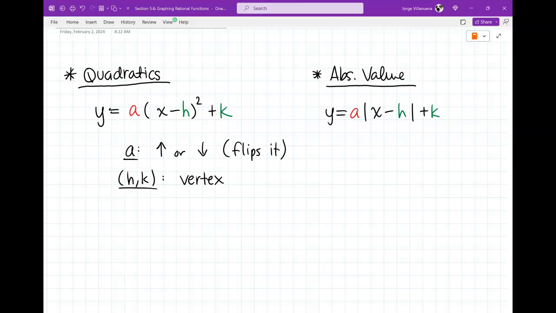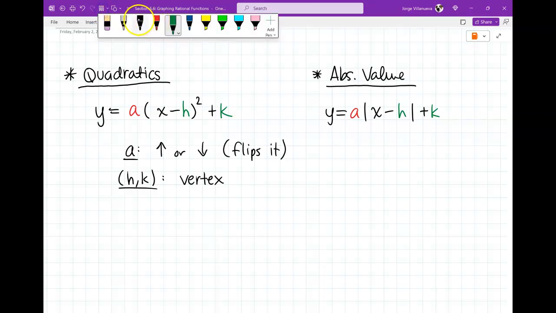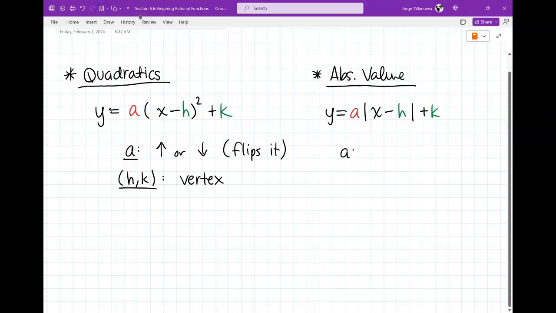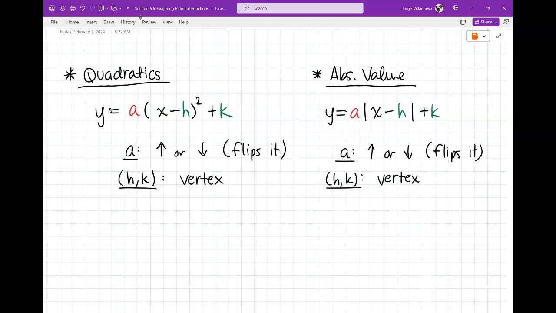But the A and the H, K are the same thing. A tells you whether it goes up or down. I'm going to write that down right here. So A tells you whether it goes up or down. And I'm going to put right here, it flips it. And then H, K was our vertex, the pointy part, right? The pointy part.